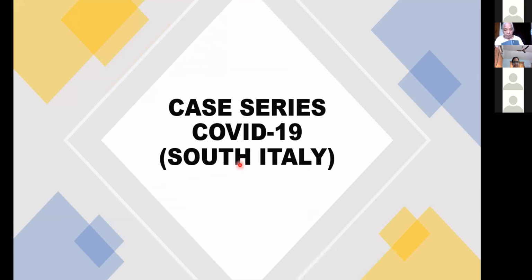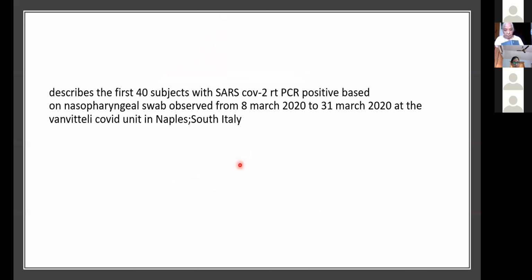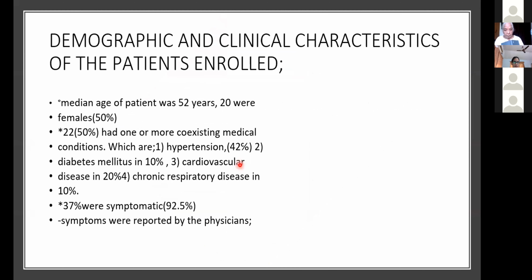The next one is a case series. A case study was done in South Italy, which involved 40 patients. The median age of the patients was 52 years, and 20 were female. 22%, that is more than 50%, had one or more coexisting medical conditions, which were hypertension in 42% of them, diabetes mellitus in 10%, cardiovascular disease in 20%, chronic respiratory disease in 10%, and 37% were symptomatic.